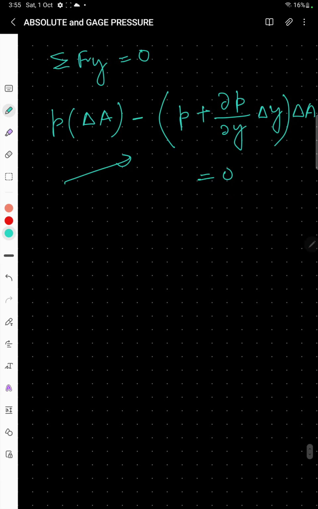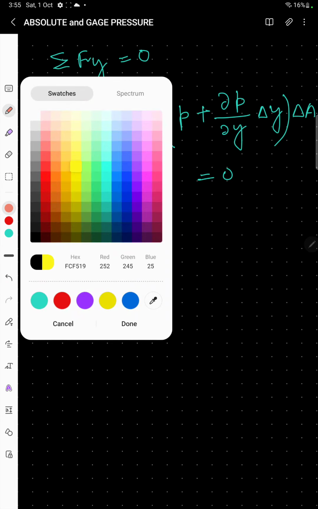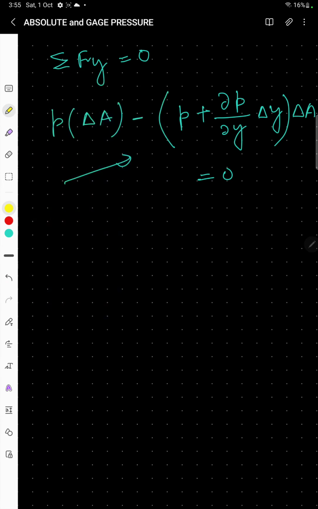Now let's solve this equation. If we solve it, we will notice that delta A is common, so delta A cuts out, and P, again this P will be cancelled out.